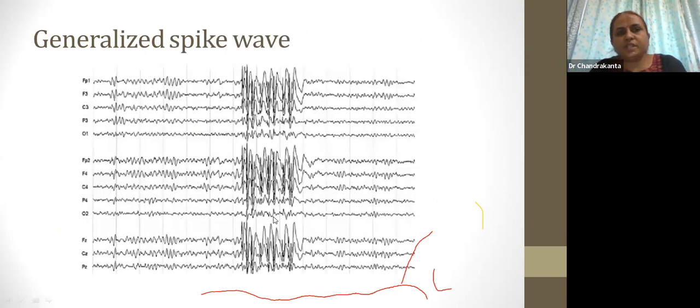So this is showing generalized spike and wave discharges, and if you notice, in between, this is a spike and this is a wave. Okay. This is left side and this is right side. So generalized means abnormality on left and right and from anterior to posterior. Okay. So this is generalized spike and wave discharges.